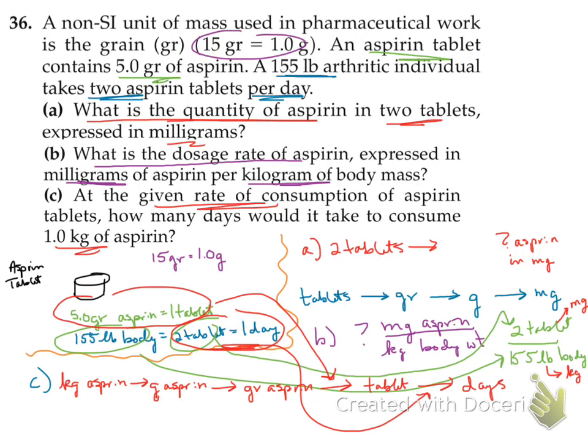If I go ahead and go from the kilograms of aspirin to grams of aspirin, then I can go to grains of aspirin, okay, and then I can go to how many tablets that is. Okay, now to go from tablets to days, I recognize that 1 day is equal to 2 tablets. So again, you don't have to work it this way, but it's a thought.